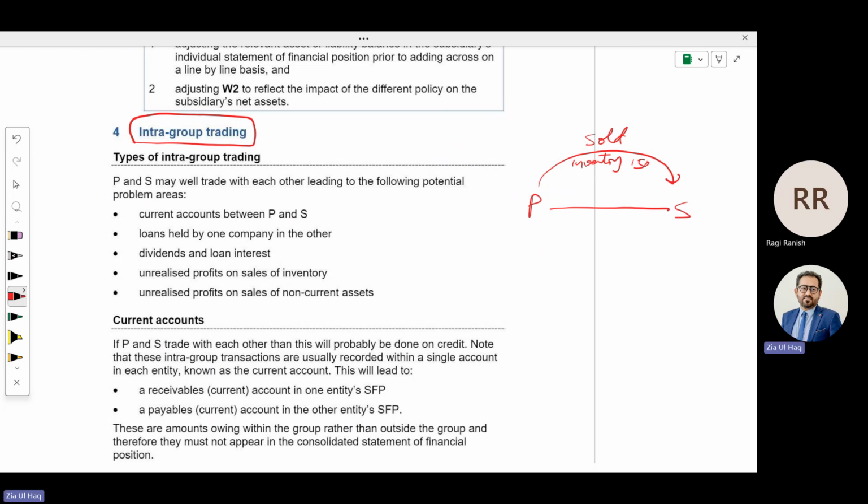They sold on credit basis. It means parent company recorded receivable debit, sales credit, subsidiary recorded purchases debit and payables credit.